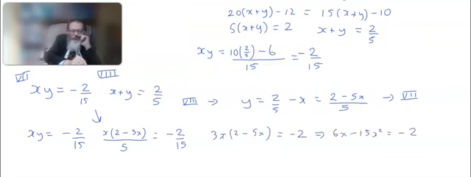And so I now discover that 6x minus 15x squared equals minus 2, so that 0 equals 15x squared minus 6x minus 2. I'll just write that a bit more neatly.